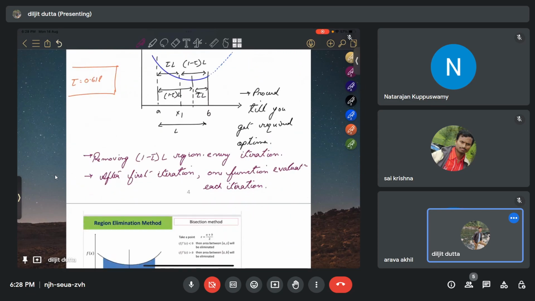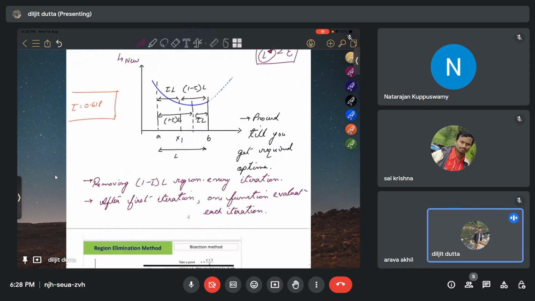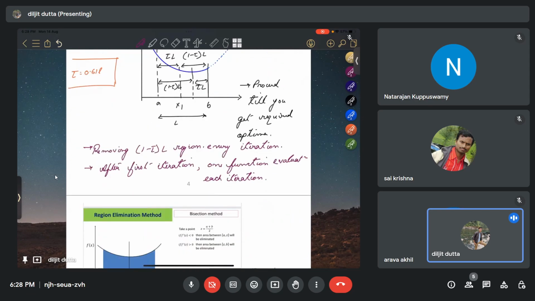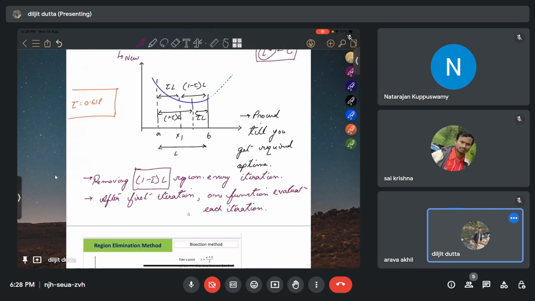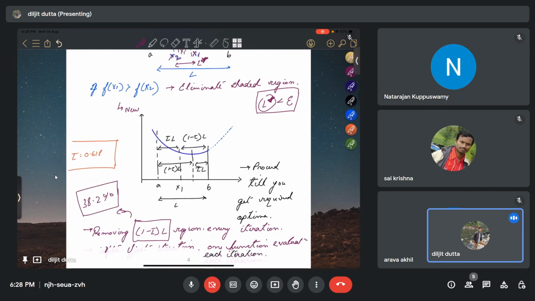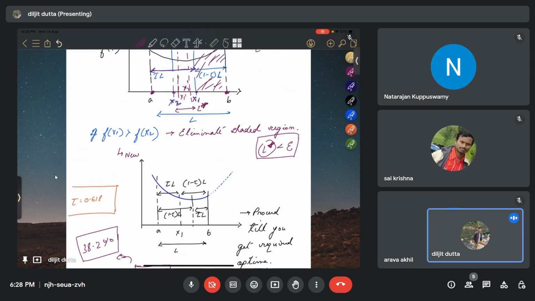In this method, in every iteration we are removing 1 minus tau into L of the search area, and 1 minus tau is 38.2%. So we are removing 38.2% of the search area in every iteration. So this is a very efficient method.